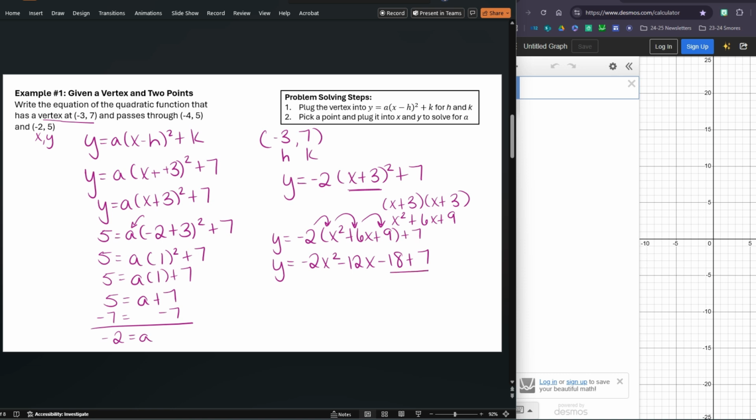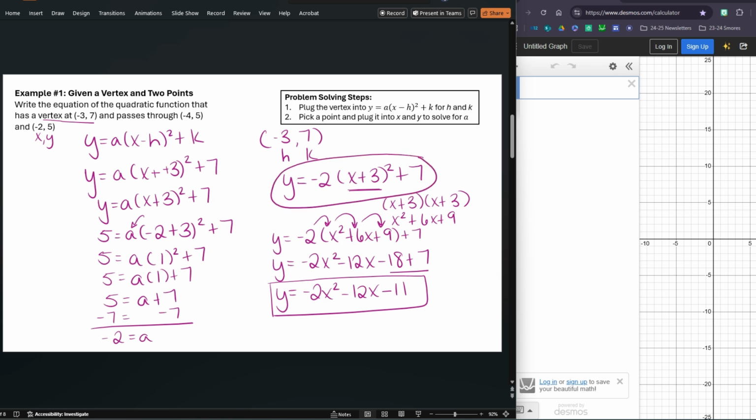Remember, I always want to combine like terms. So I'm going to combine those two constant terms. So I have y equals -2x squared minus 12x minus 11. Okay, so that's my equation now in standard form. If it asks me for vertex form, I also have the equation in vertex form. Okay, so that's how you write the equation if you have the vertex identified as one of the 3 points you're given.